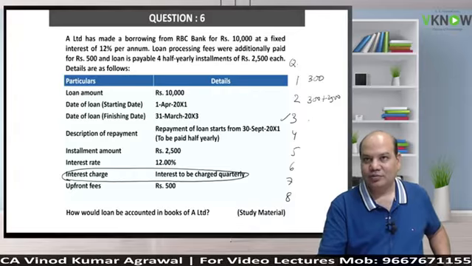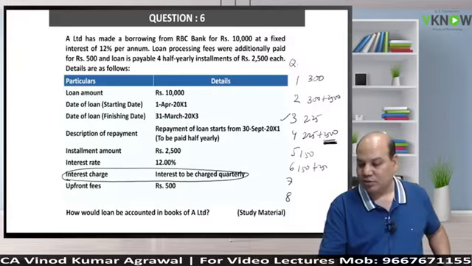How much? 225. And in the fourth quarter, it is 225 plus 2500. Understood? Again, you paid 2500 here. So your principal becomes 5000 into 12% into 3 by 12, 150. Then 150 plus 2500, then 75.